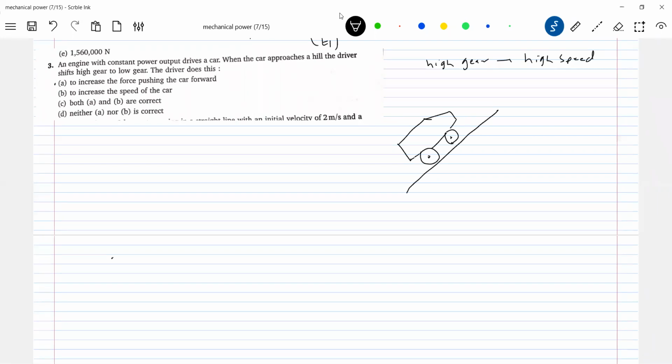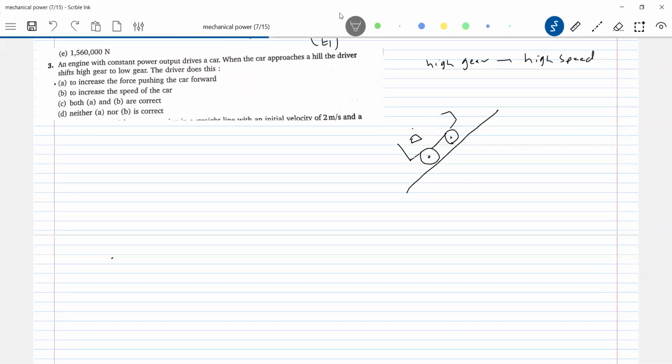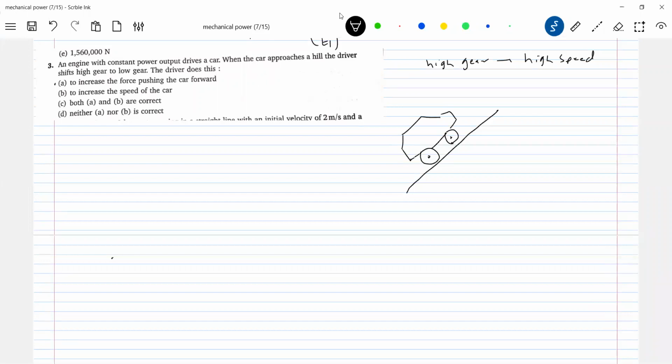There are two types of engines: front wheel driven and back wheel driven. If the engine is front wheel driven, where do we apply? The engine applies a torque or a force. The engine can generate only a torque, so here a torque is applied.